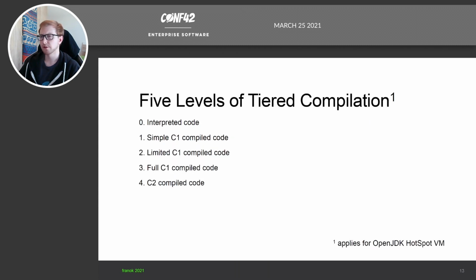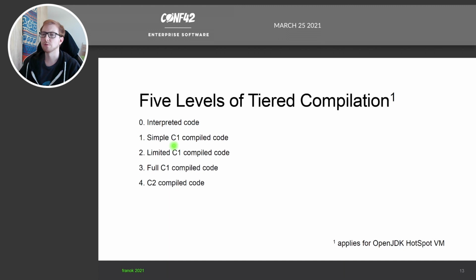So for the JIT compiler, since JDK 8, there are actually 5 levels of tiered compilation. At least that's what applies for the HotSpot VM. The first level is just about interpreting bytecode, so it's level 0, and the JVM will not compile anything at all, but just run as an interpreter. And after a few iterations, the JIT compiler will make use of its first compiler.